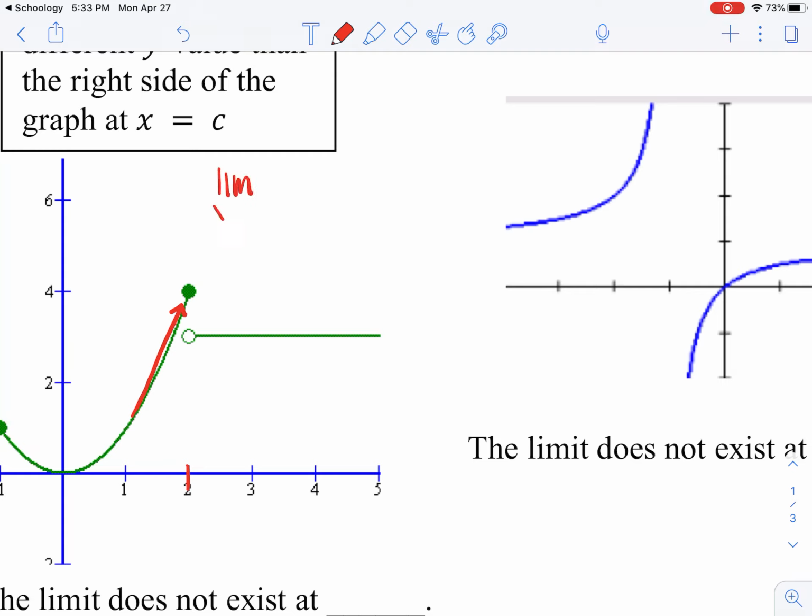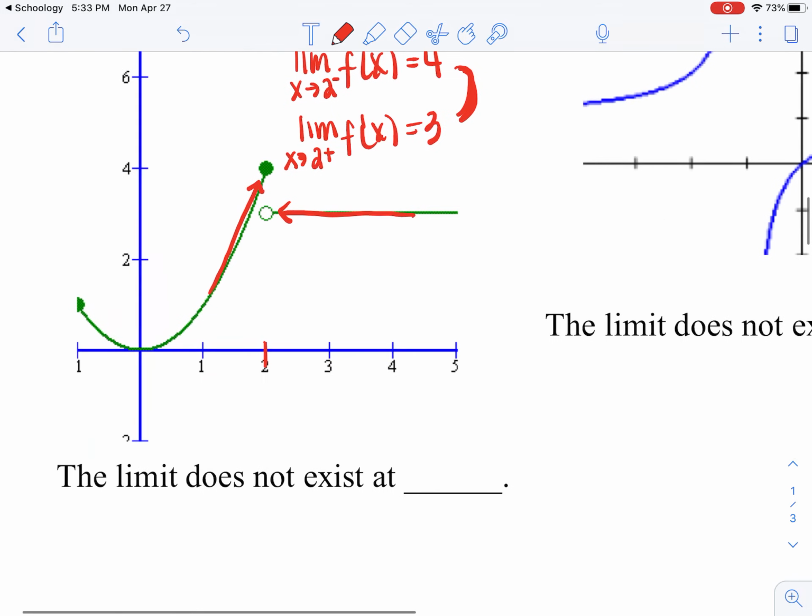So the limit as x approaches 2 of, we'll call this function f of x, that's 4. Now, I'm sorry, that's the left-hand limit. Now if we look at the limit as x approaches 2 from the right side, the y value it's approaching is 3, or what looks to be 3. So since these 2 don't match, the limit does not exist here, okay? So the limit does not exist at x equals 2.